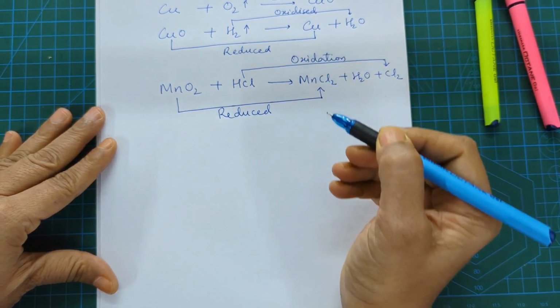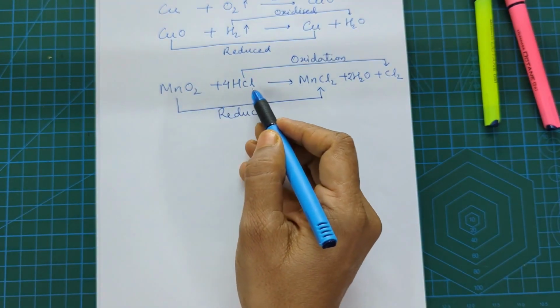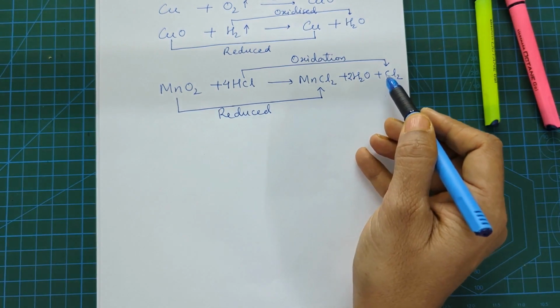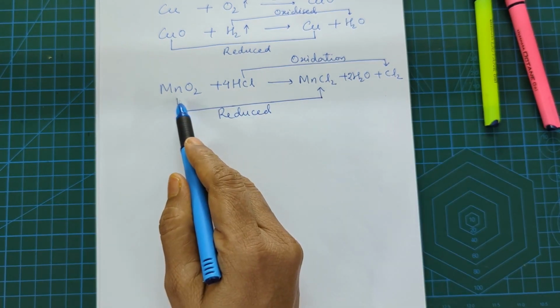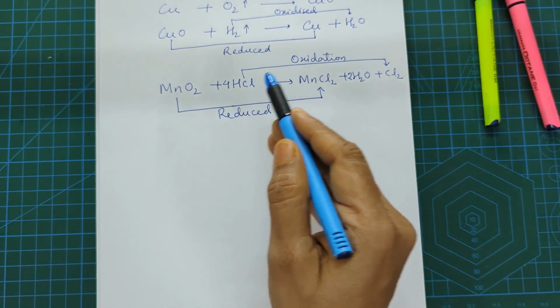This equation needs balancing. MnO2 plus 4HCl gives MnCl2, water and chlorine gas. Manganese dioxide is reduced to manganese chloride and hydrochloric acid is oxidized to chlorine.